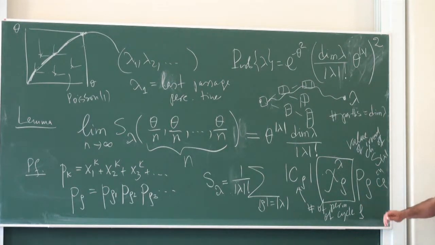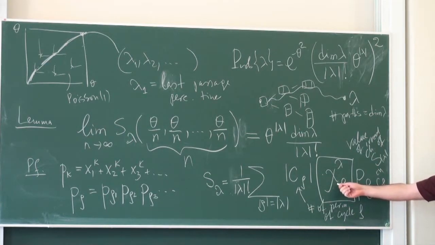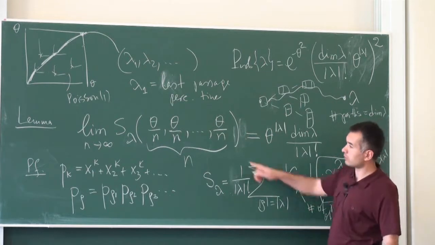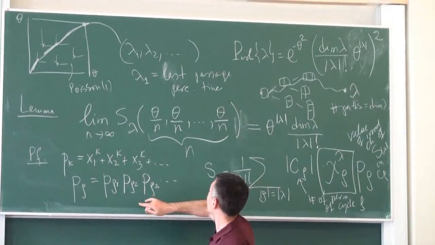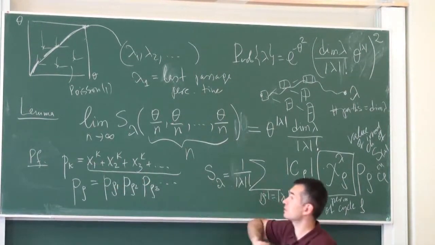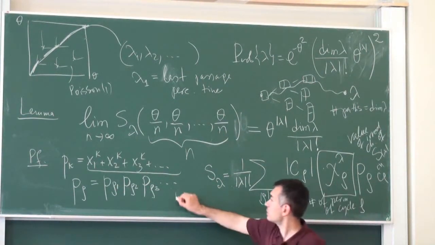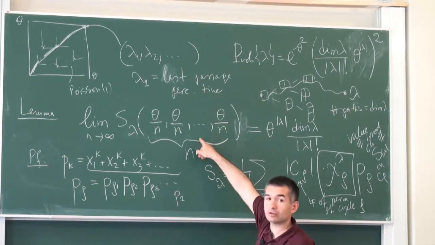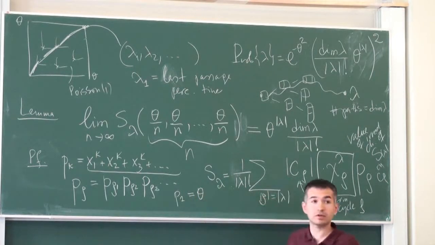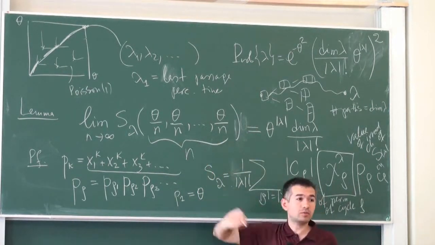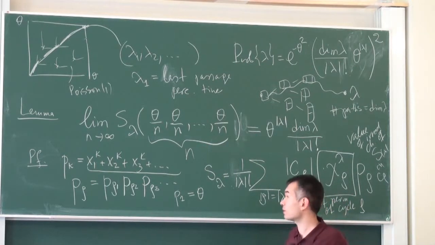So this formula actually is one of the most efficient tools to evaluate these character values. There are no explicit formulas for them, but one can use symmetric functions to actually get them. And so in this particular limit that I'm discussing, let's see what happens to these p_k's. Well, you immediately see that p1, if I evaluate it on these arguments, will just give me theta, right? Because I'm summing n numbers, each of them is equal to theta over n.